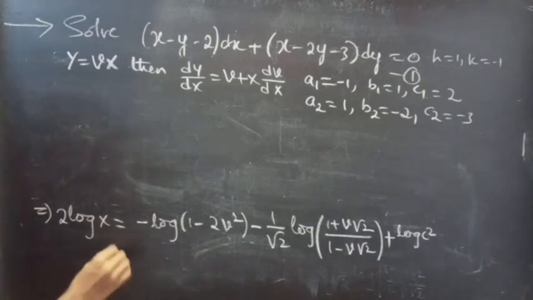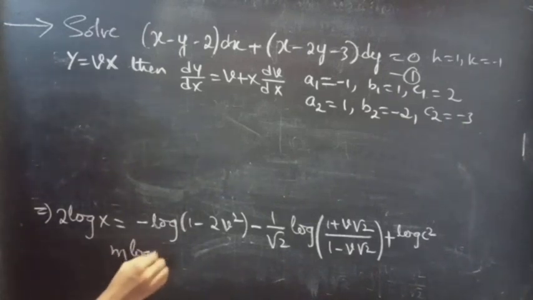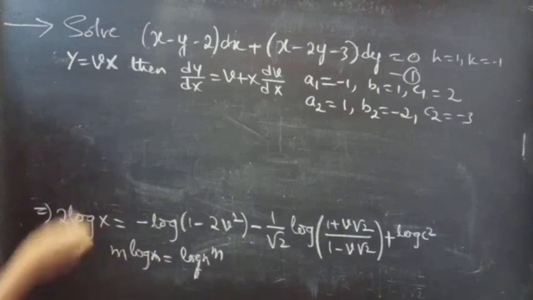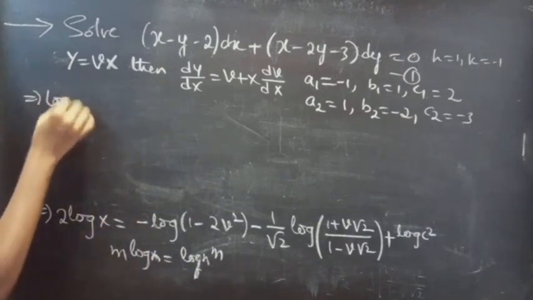Okay? Since m log n equals to log n power m, then you can write 2 log x as log x square.